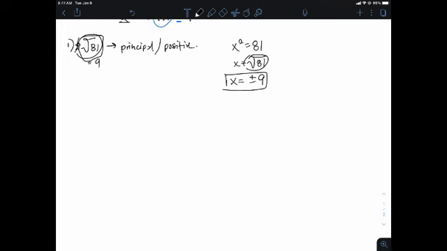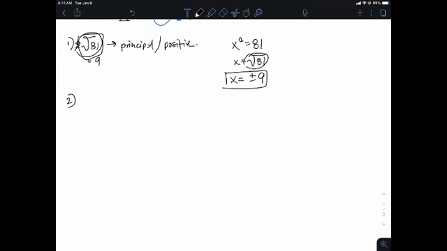The second thing is that we have non-permissible values, or restrictions, that are placed on our variable when we have root signs involved. So remembering that we can't take the square root of a negative number, this is going to put a restriction that the radicand has to be positive.